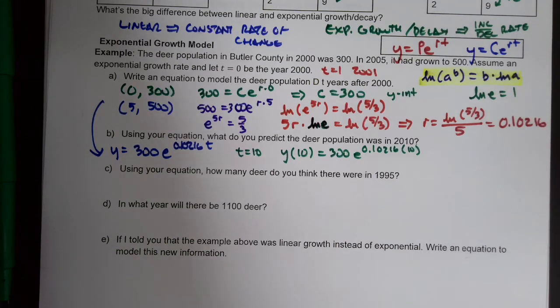So we'll go to our y equals, we'll clear out this guy, and while I'm at it, clear out the other guy, and then we'll type this in, 300, then the second function and the natural log button, and we're going to raise this to the 0.10216 times x.